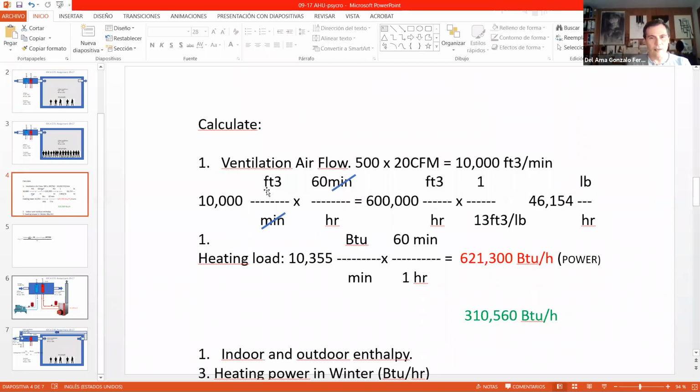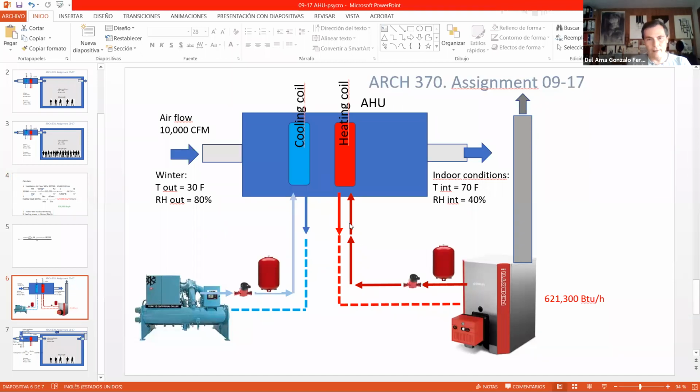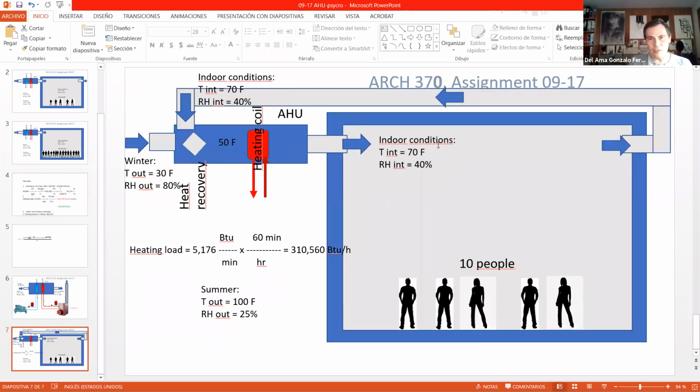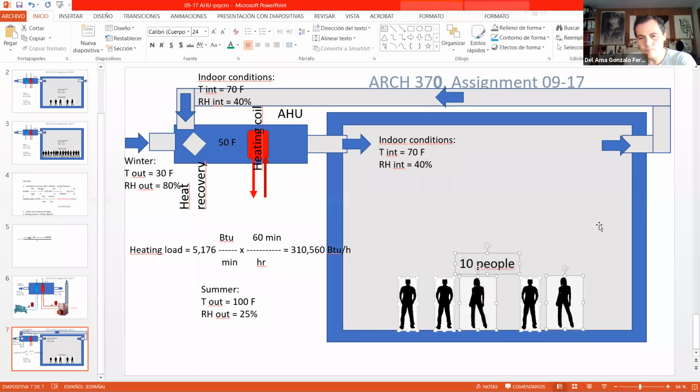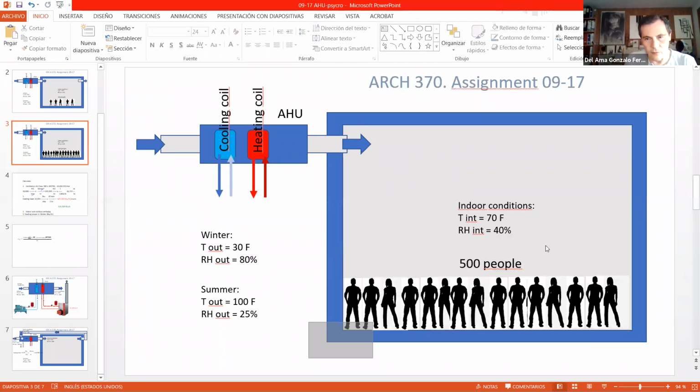Then, let's connect things. So we have the schematics, and I have the air handling unit, boiler, chiller. I have to connect all these things. I have to get rid of that gas. I need the air inlet, the air outlet. Okay, so I have solved the problem. Now I can save energy. If I want to save energy, I'm not doing anything different. By the way, I did this with 500 people.